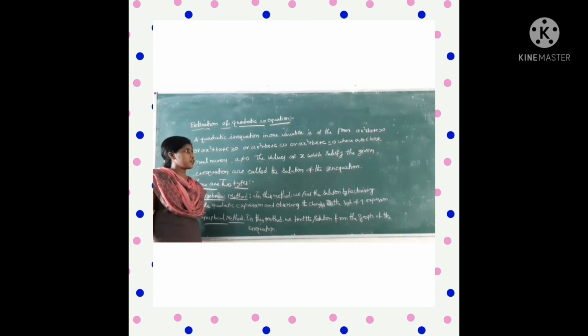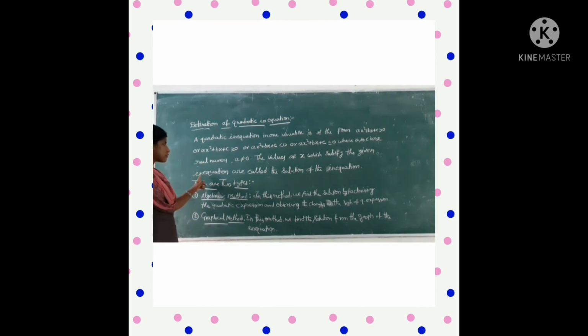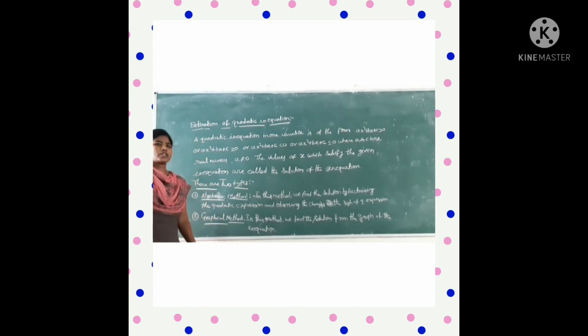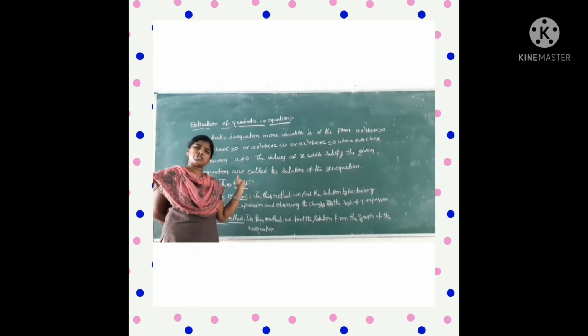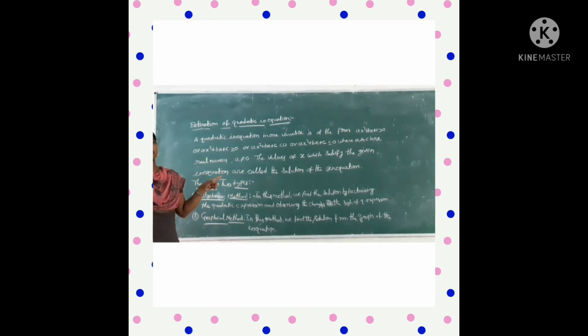The values of x that satisfy the given inequation are called the solution of the inequation. So the value is not an equal value; the conditions are greater than 0, greater than or equal to 0, less than 0, or less than or equal to 0.